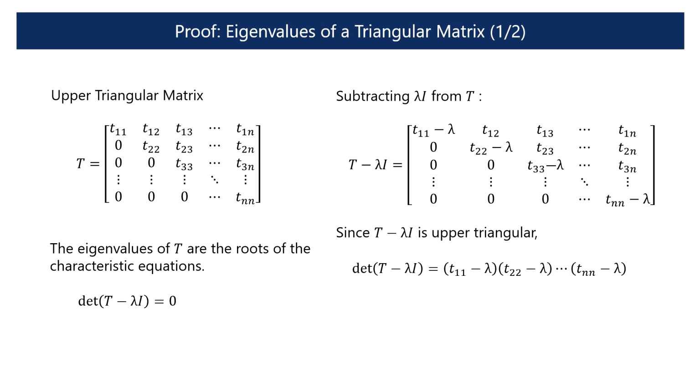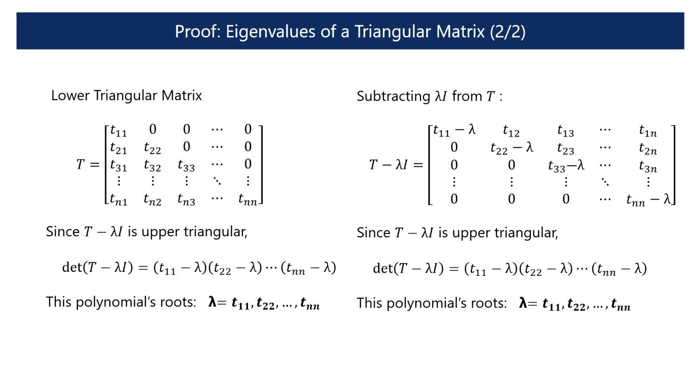Since T minus lambda I is still upper triangular, its determinant is simply the product of its diagonal elements. This polynomial's roots are T11, T22, ..., Tnn. Thus, the eigenvalues of T are its diagonal elements.